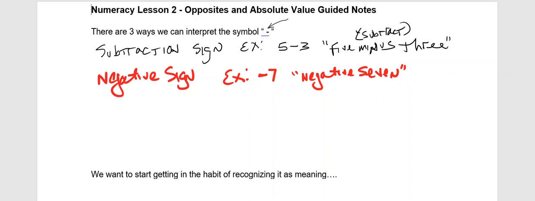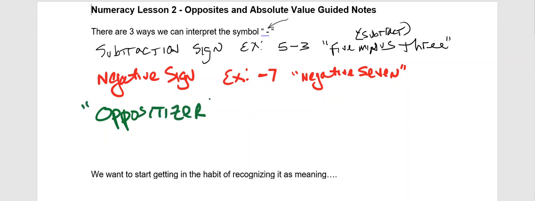The last way I want us to think about it is as an oppositizer, okay? I know it seems like a weird word, because it is, it's my own word.